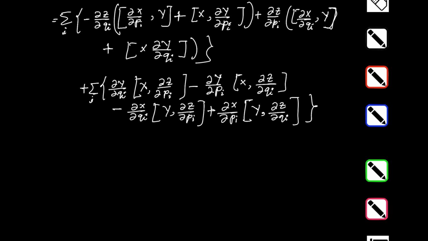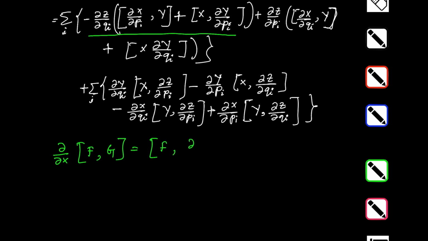So from here you can see what we can do. We have an identity, that is del by del x of the Poisson brackets of functions f and g is given by Poisson brackets of f and del g by del x, plus Poisson brackets of del f by del x and function g.